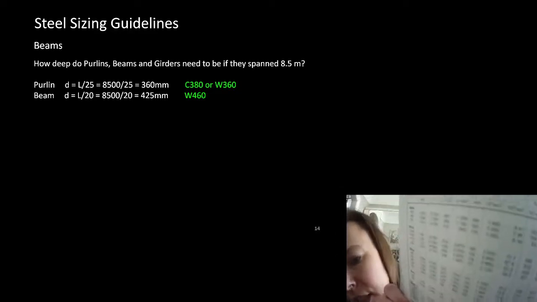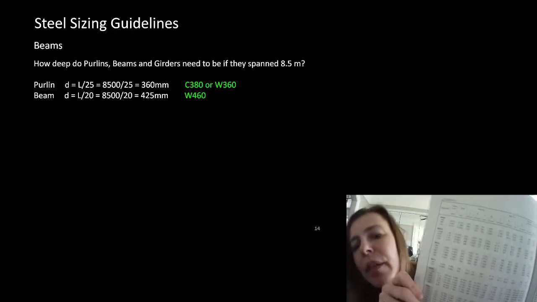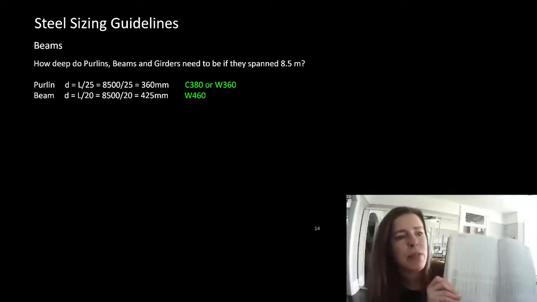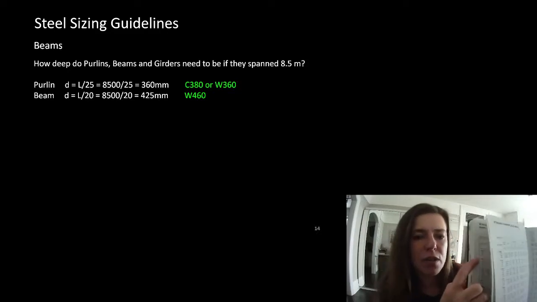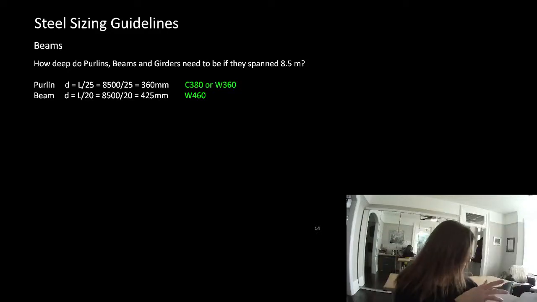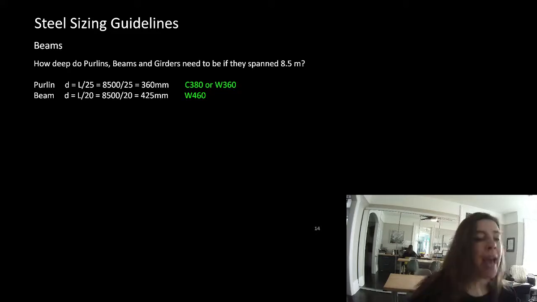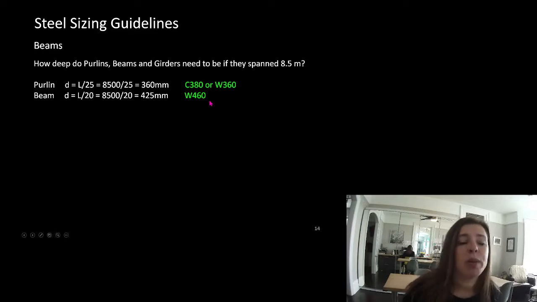Every line on that is a different member size, and W410 went from here to here. So there's like 20 different W410 member sizes. But that's beyond what we're doing in our preliminary sizing guideline.